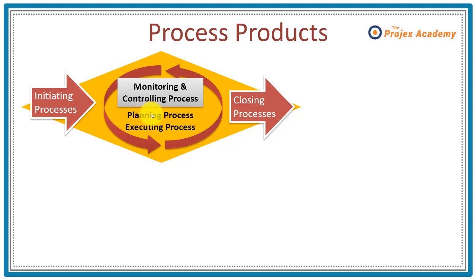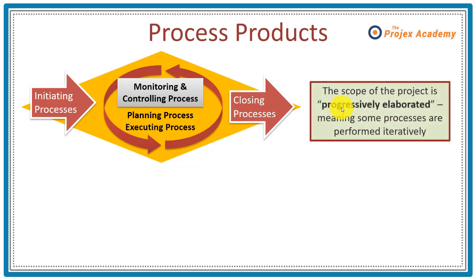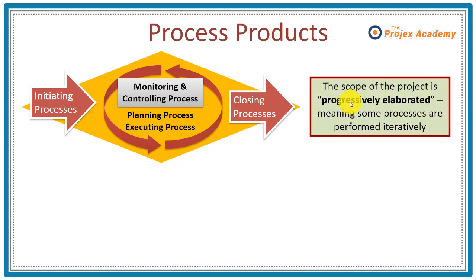In the middle you have planning, executing, and monitoring and controlling, usually done in an iterative fashion. And a phrase you'll be familiar with is that the scope of the project is, as PMBOK calls it, progressively elaborated, meaning that some processes are performed iteratively and key documents, such as the project plan, are elaborated throughout the project as more and more information becomes known.